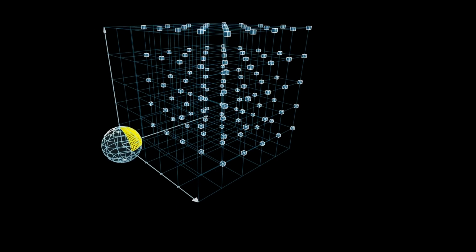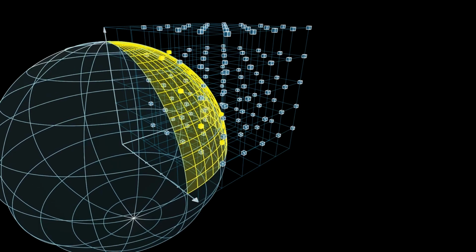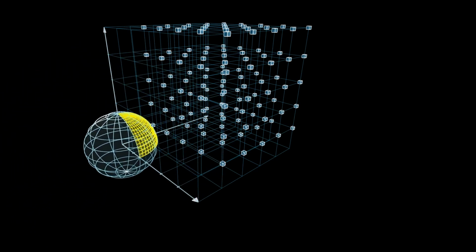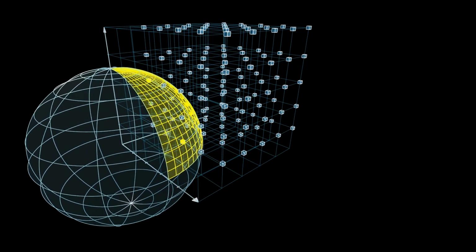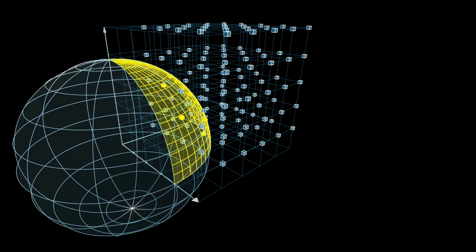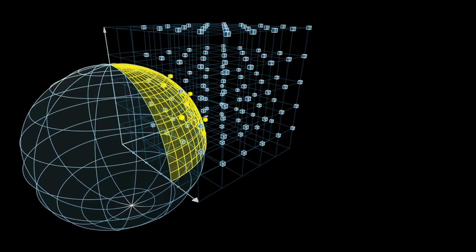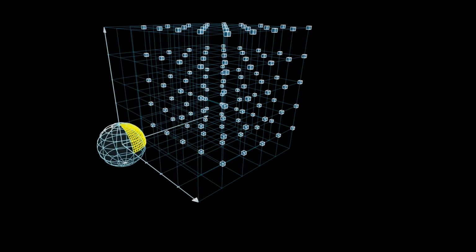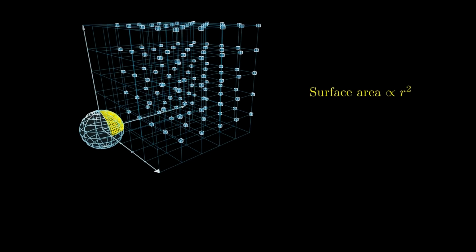Now, imagine drawing a sphere in this mode space, where the radius of the sphere is proportional to the frequency of the wave. The number of possible modes for that frequency corresponds to the number of lattice points lying along the surface of that sphere. And since the surface area of the sphere is proportional to the square of its radius, we find that the number of modes at a given frequency grows proportionally to f squared.